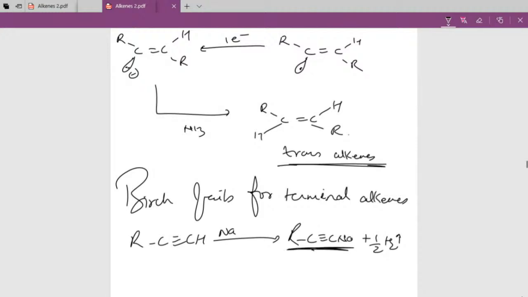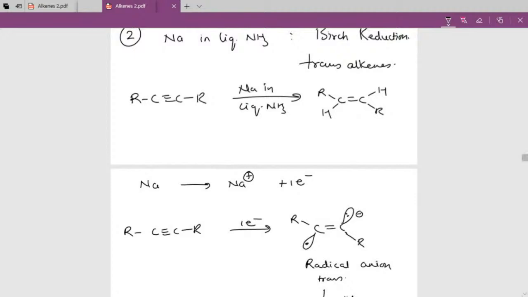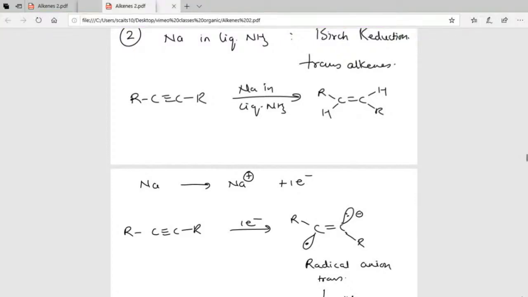Okay, so it fails for terminal alkynes. It fails for alkene to alkane reduction also, because then this type of less repulsive geometry for the intermediate will not be possible. So it fails for alkene to alkane reduction also. Is that okay?